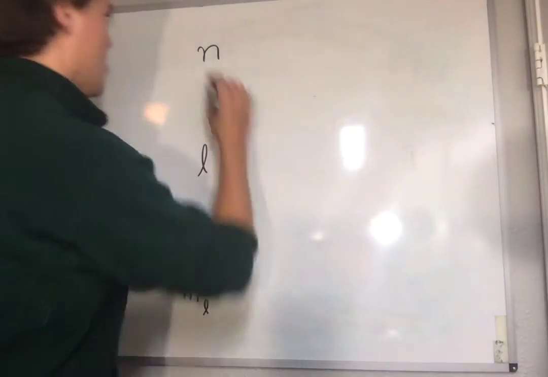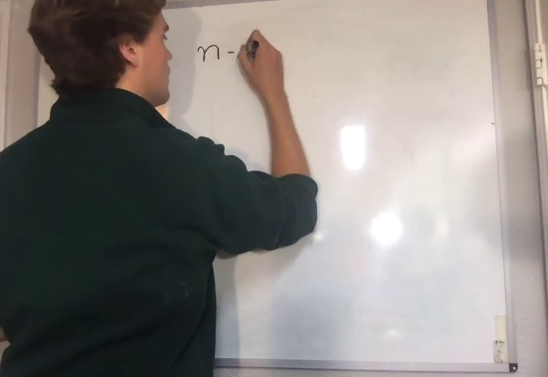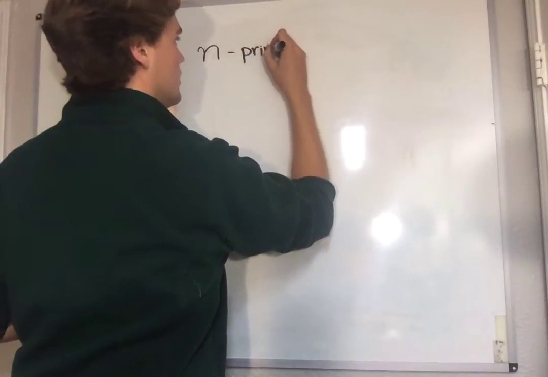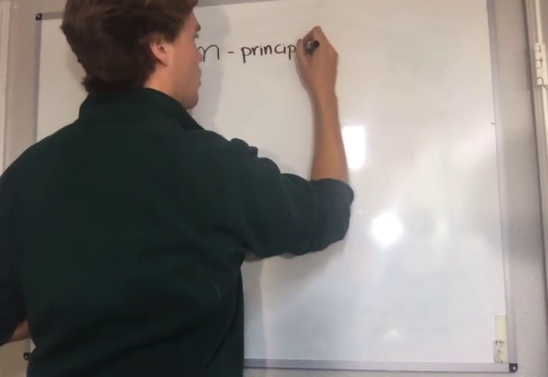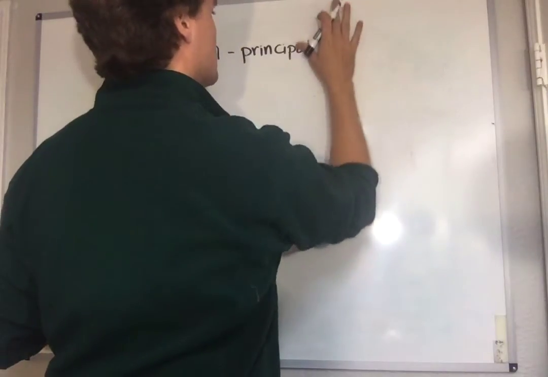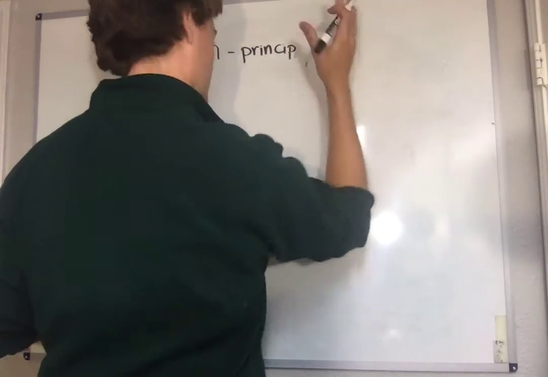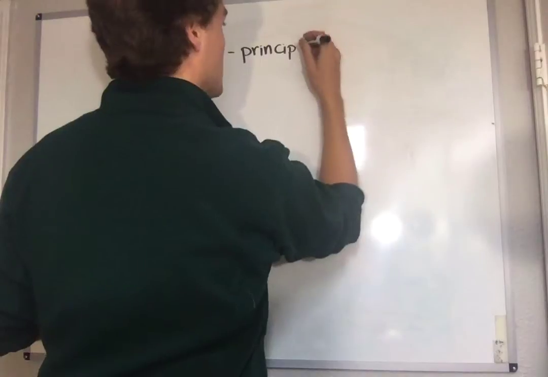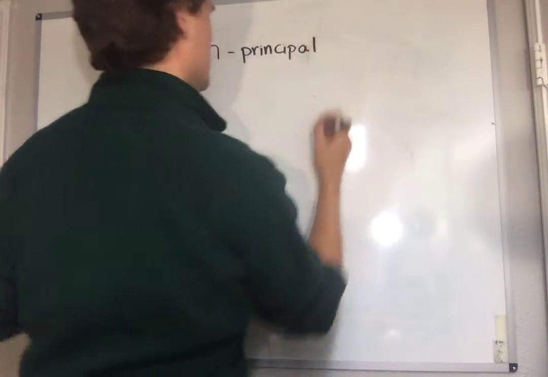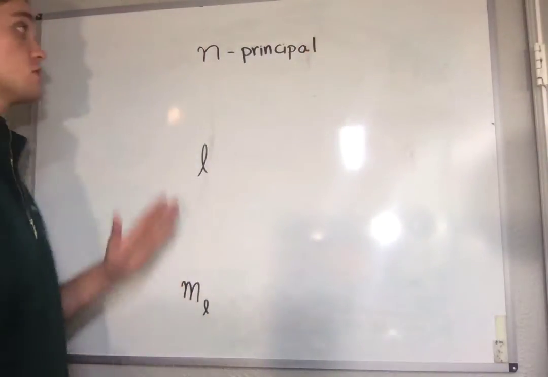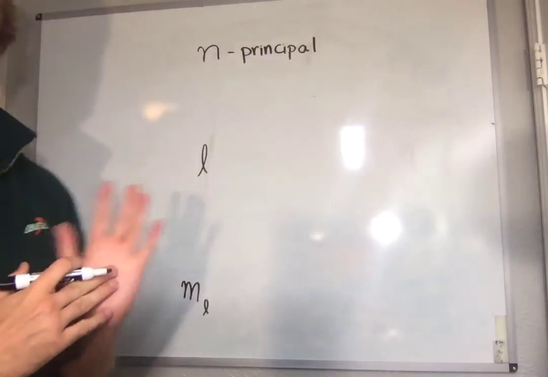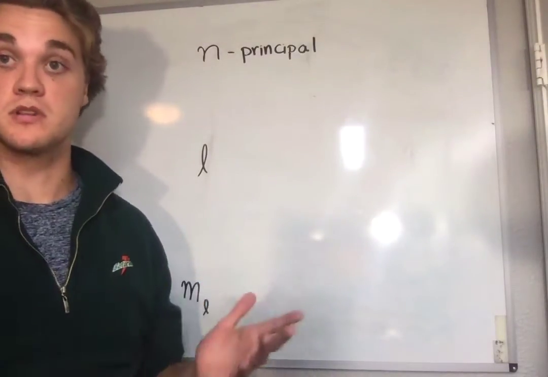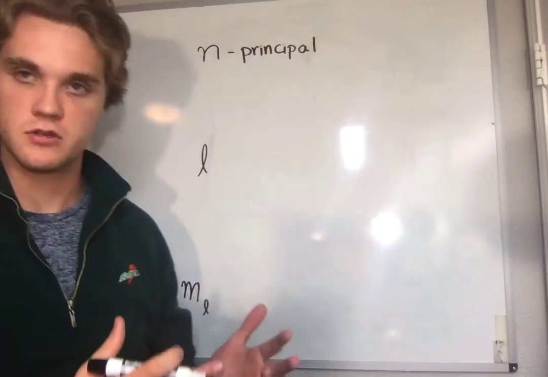So, n, principal. This was actually introduced by Bohr when he was describing the size of orbitals and their associated energies. That was before this whole method of describing the orbitals of atoms in Schrodinger's theory of quantum mechanics.